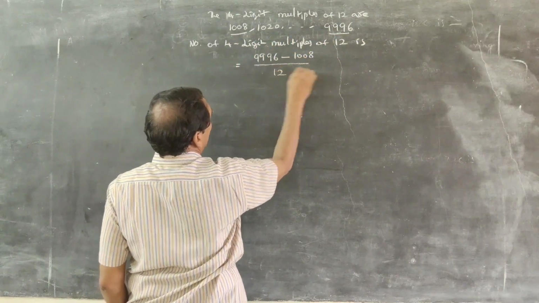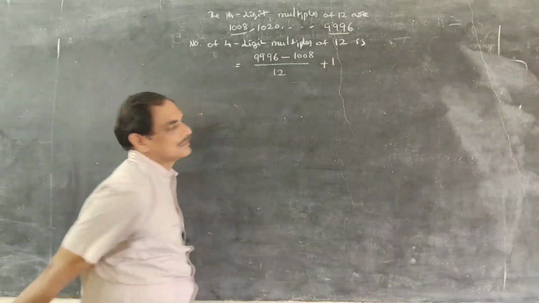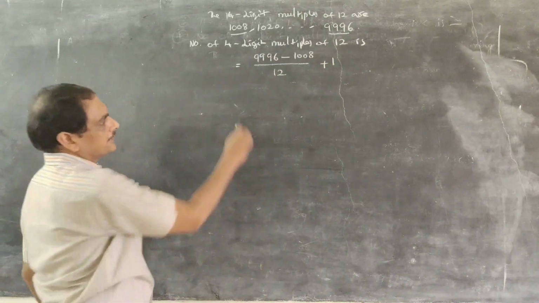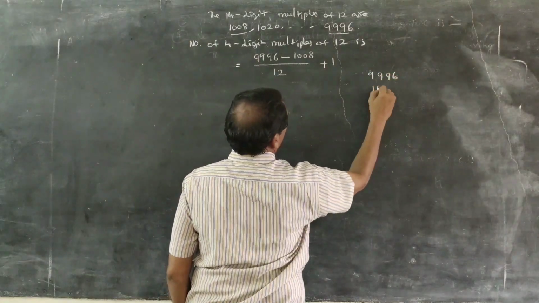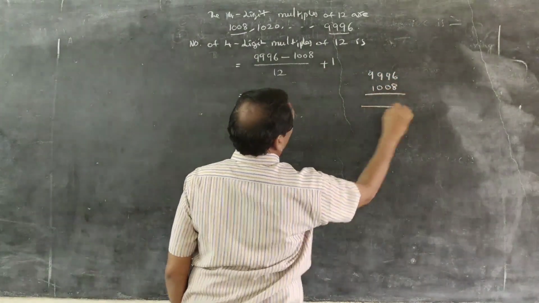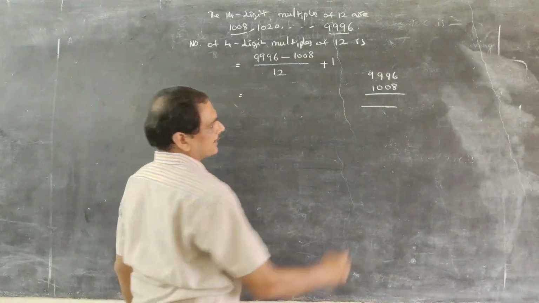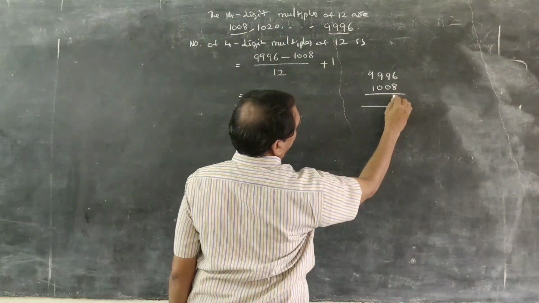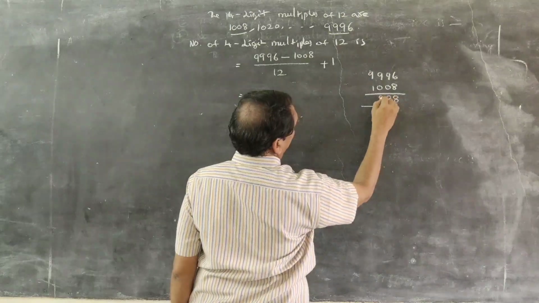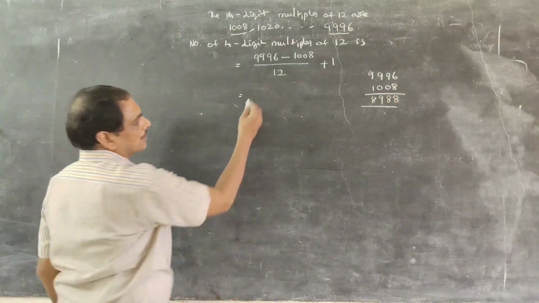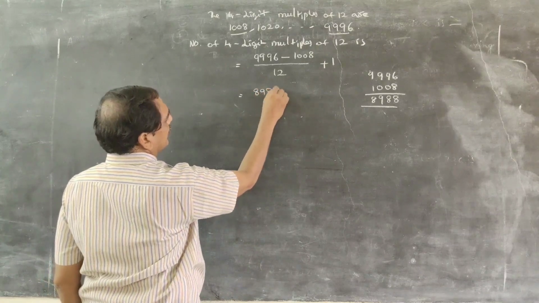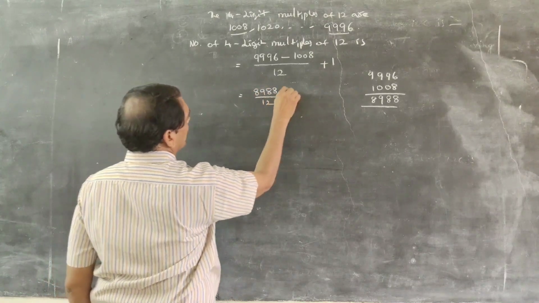We subtract 1008 from 9996, which is 8988, by 12 plus 1.